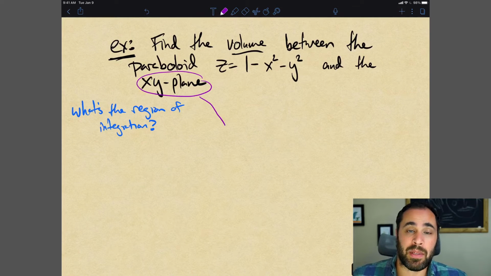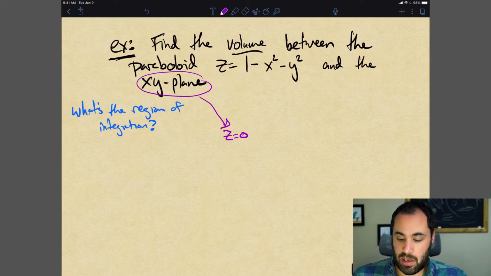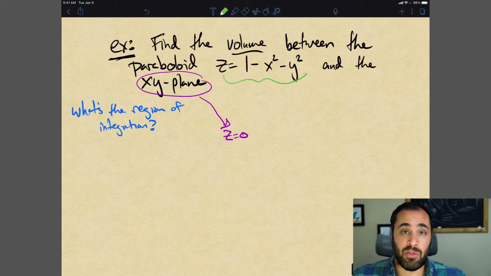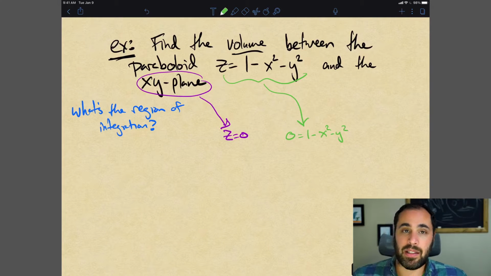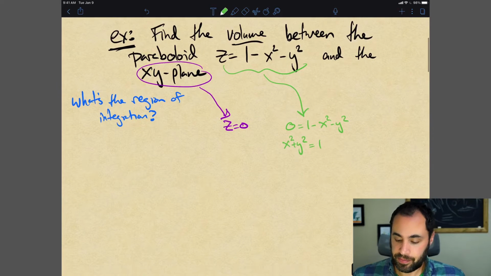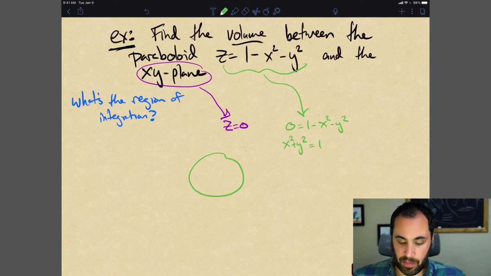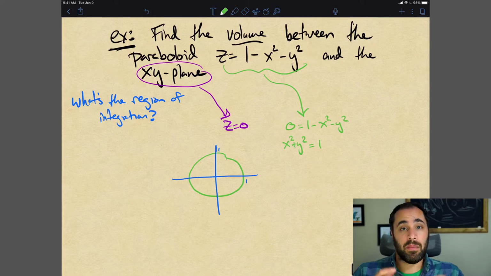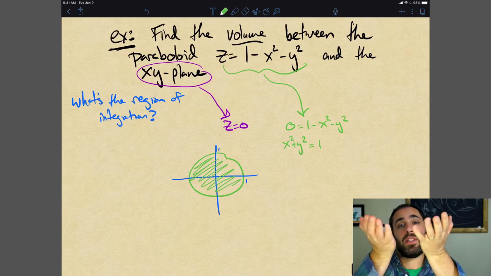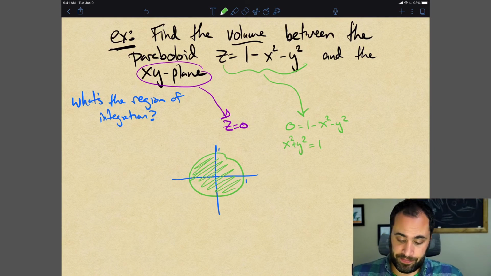Well, the xy plane happens at z equals 0. So if we substitute that into the equation for the paraboloid, we can solve and see the intersection happens on the unit circle. So that's our region of integration. We want to know the volume basically above that footprint of the unit circle, but still under this paraboloid.